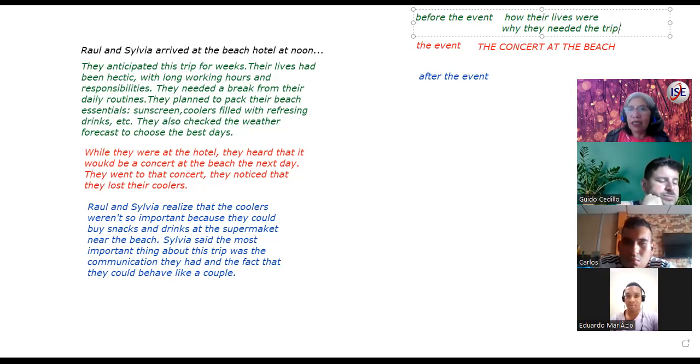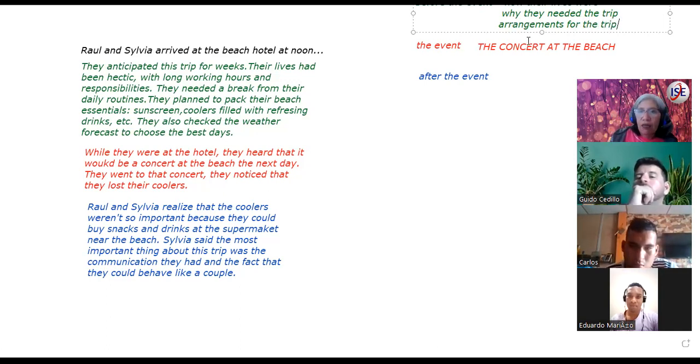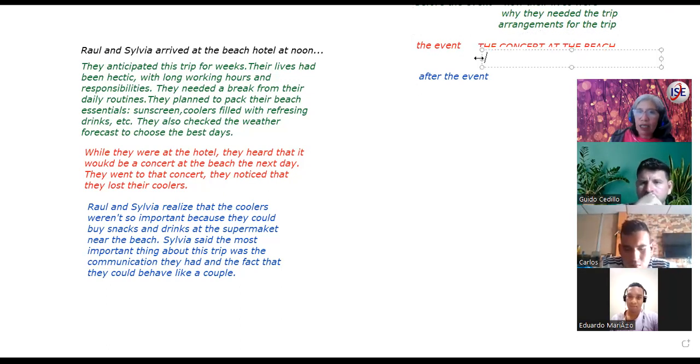And of course, the arrangements for the trip, take their things, etc. The event was a concert at the beach, and after the event, they lost something. In this case, the coolers.